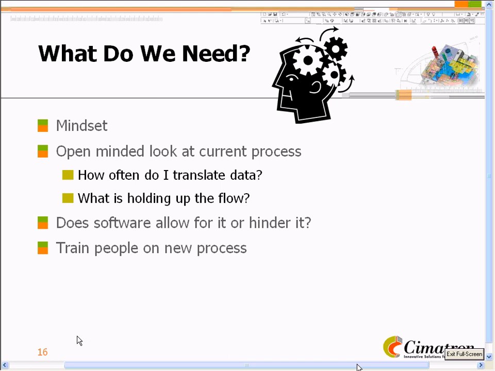That tells us something about the process. As we look at the process, can we identify what's holding up the flow? Are the designs getting through as quickly as we'd like? Am I getting a backlog in my EDM department? And all those questions point to yet another question. The software I'm using, does it allow for it, or is it actually hindering it? Is it creating the situation that we're dealing with?